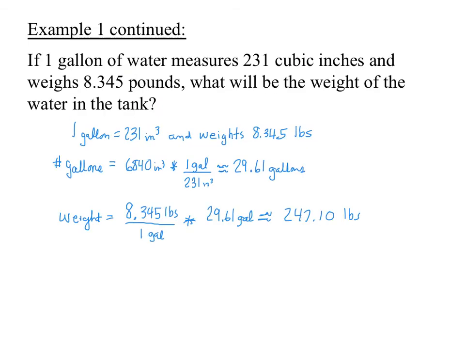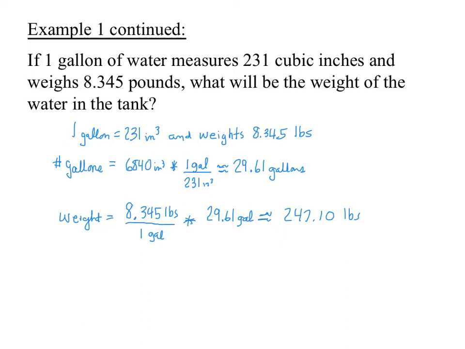So we're going to continue our example 1 with the gallons of water for the tank. If 1 gallon of water is measured to be 231 cubic inches, and the weight of 1 gallon is 8.345 pounds, what will be the weight of the water in the tank?